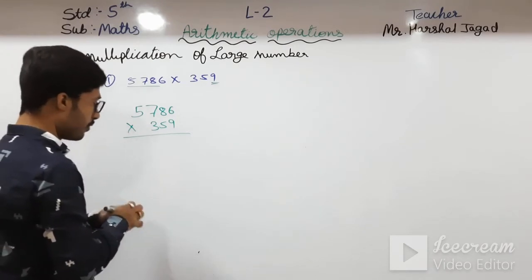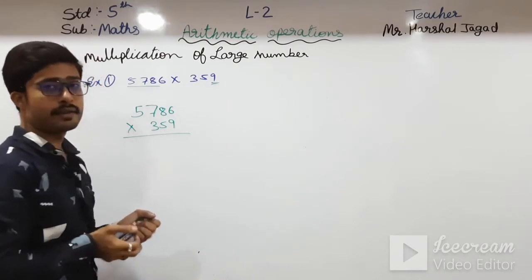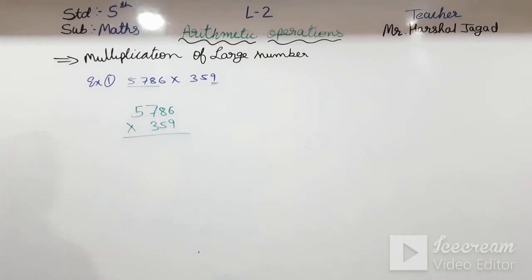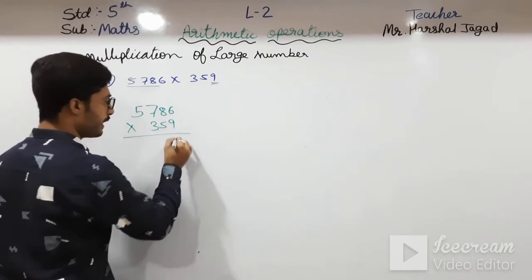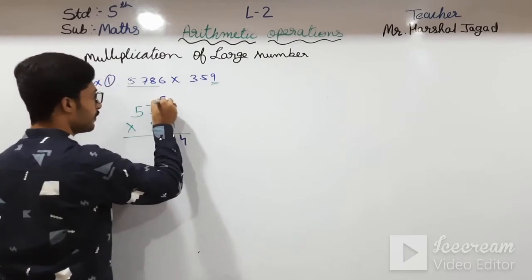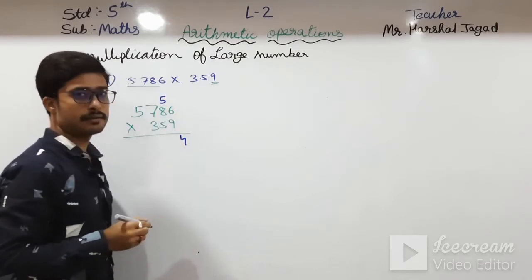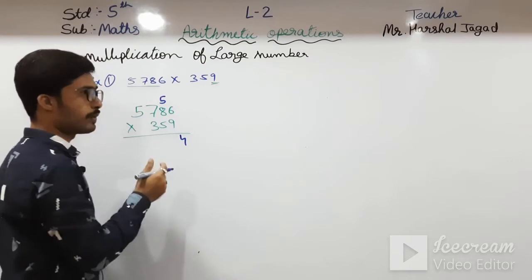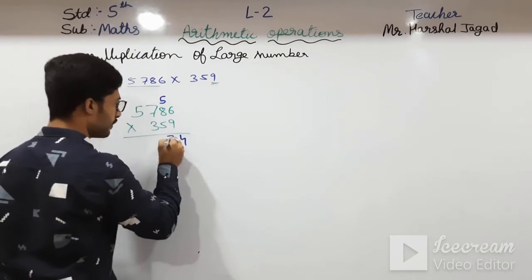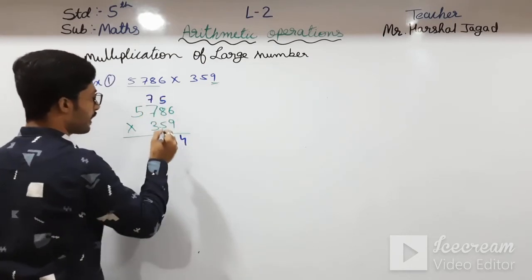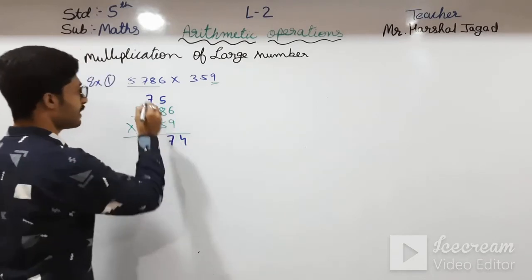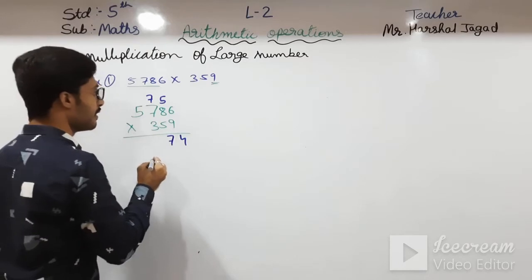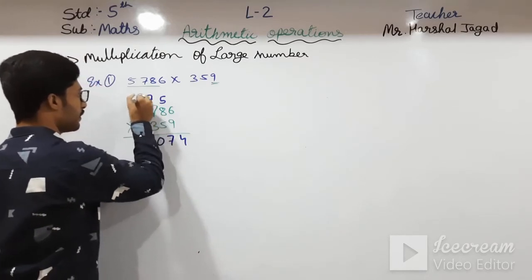So how will we do it? First of all, we have to multiply with 9. 6 nines are 54. 8 nines are 72, 72 plus 5, 77. 7 nines are 63, 63 plus 7, that is 70.